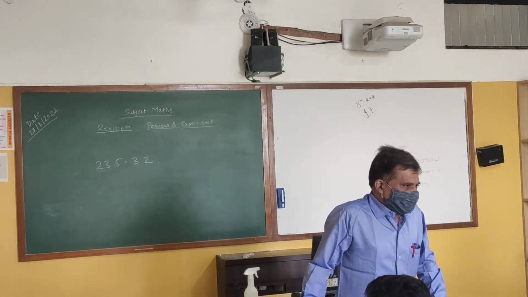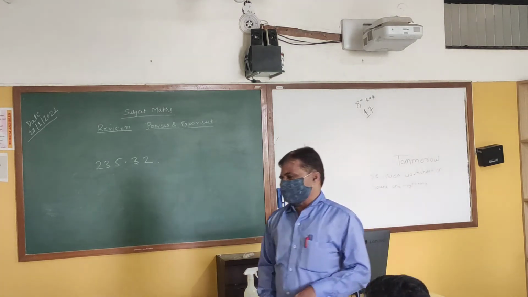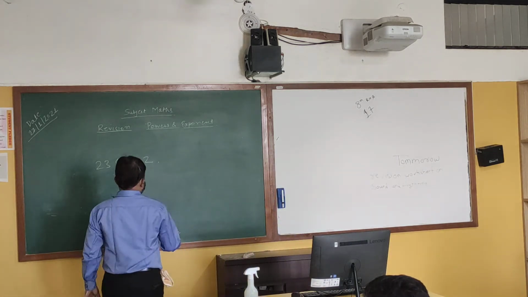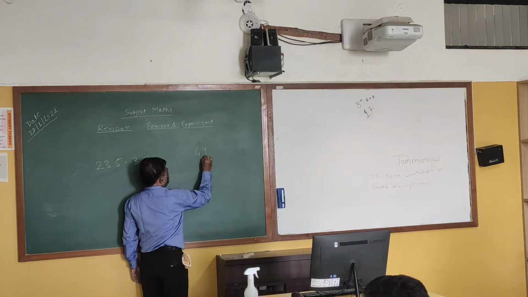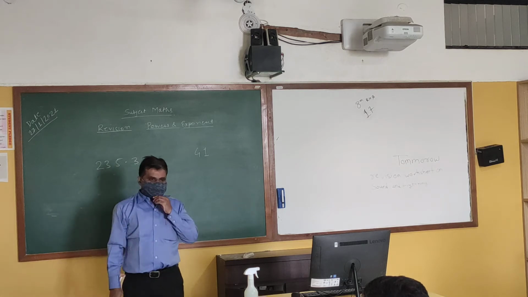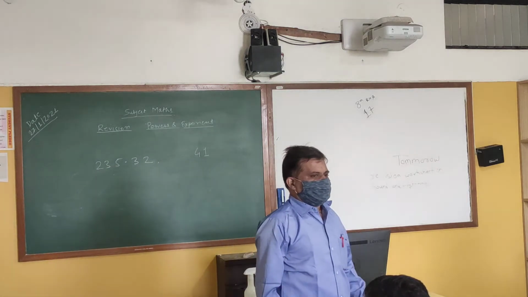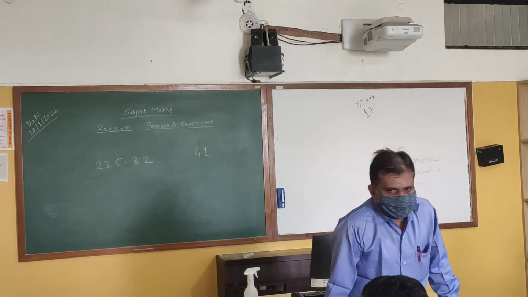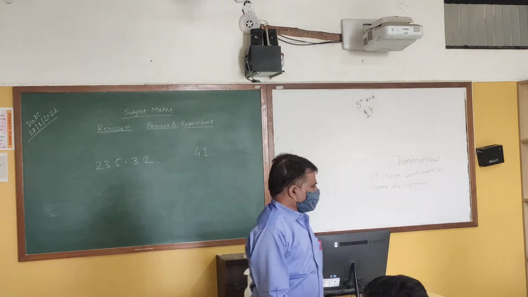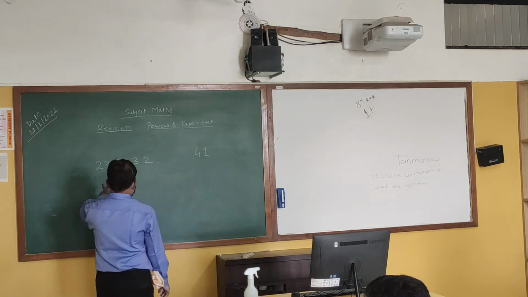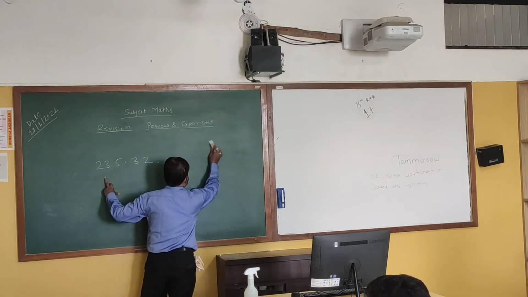Let me make clear what the expanded form is. For example, say the number is 41. How is it formed? Its expanded form is 4 multiplied by 10 plus 1 multiplied by 1. That is 41. Clear?